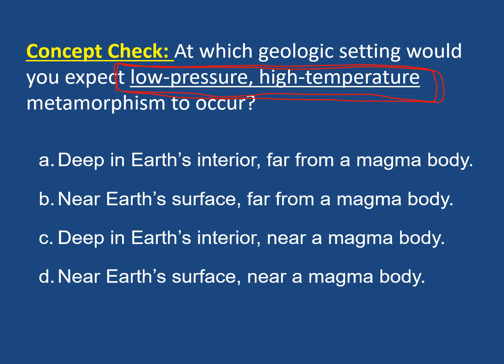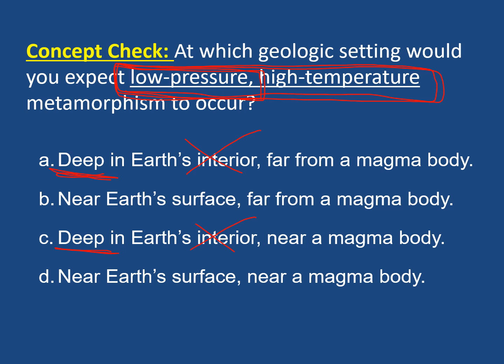I would remember that low pressure in general is going to mean that we're at a relatively shallow depth, because if we were deep, no matter where we were, pressure would be high. So because the pressure is low, we can automatically rule out the answers that tell us that we're deep in Earth's interior. So great, we now only have to choose between B and D.